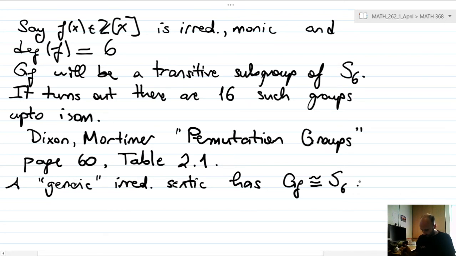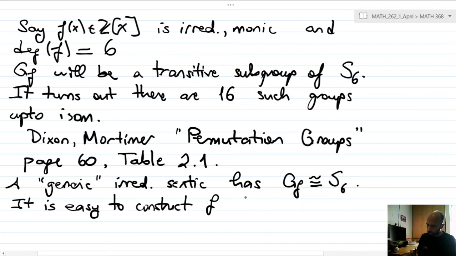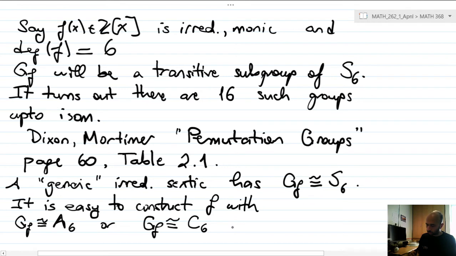It may not be too hard to construct something with group A_6. Just try to choose a polynomial as random as possible, whatever that means, but in a way that the discriminant is a square. Okay, most likely you'll get A_6. It is also easy to construct f with G_f isomorphic to A_6, or also one other easy case is the cyclic group.